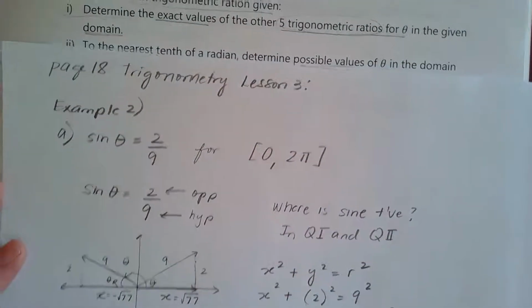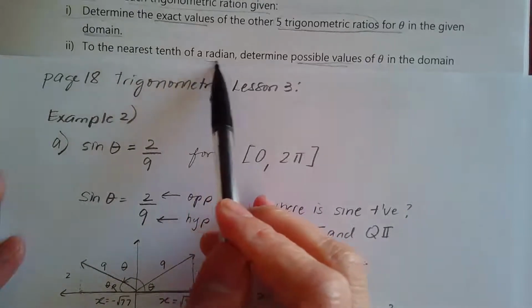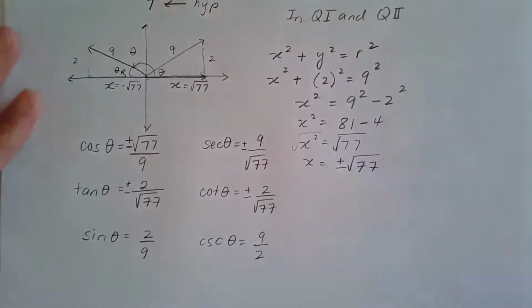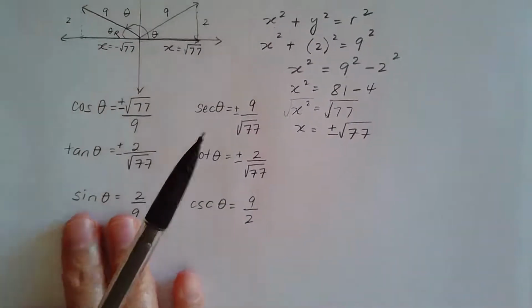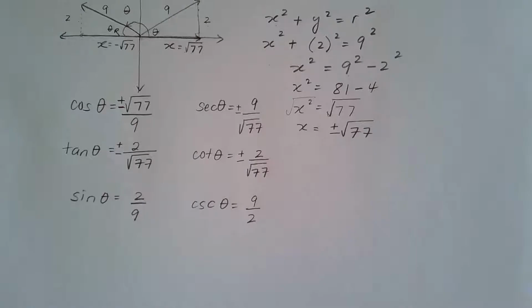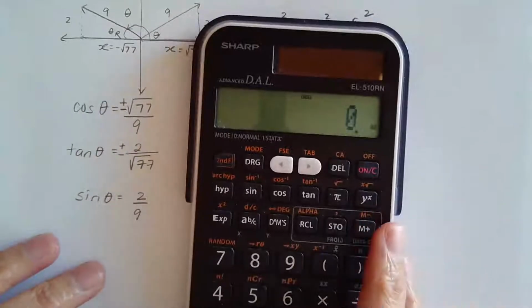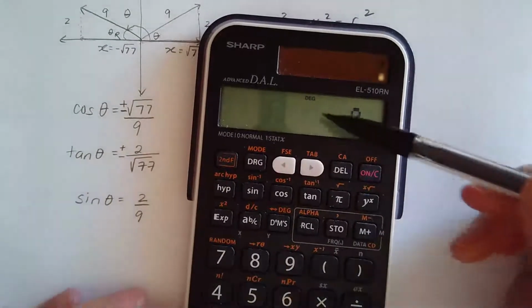Now, the other thing that we've got to do is to find the angle, but the angle in radian measurement. What is the angle of that measurement? To do that, we have to go to our calculator, and we have to make sure that our calculator is in radian mode, because we're talking about radian measurement.